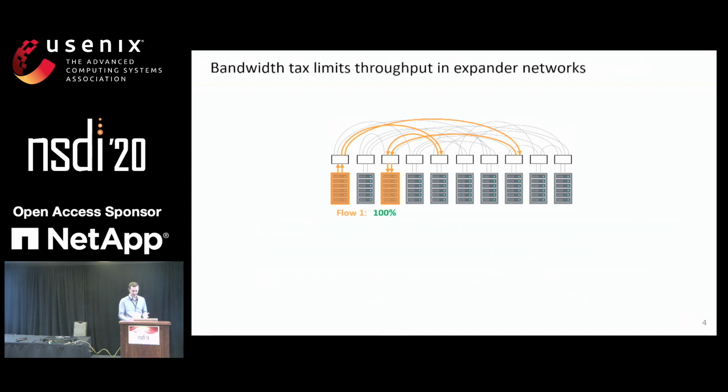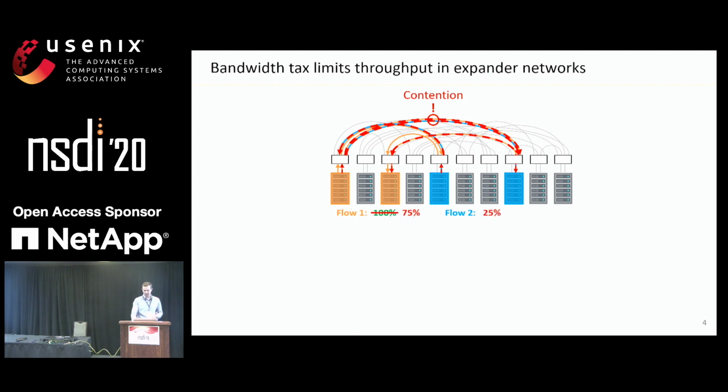So to see the effect of the bandwidth tax, let's consider a second flow in this network between the racks shown here in blue. So traffic that's part of the second flow takes some of the same hops that traffic in the first flow took. So this leads to contention because the two flows now have to share the bandwidth resources along this link.